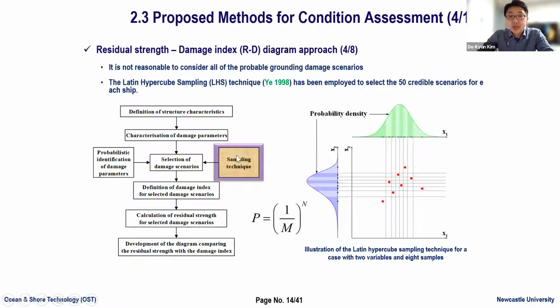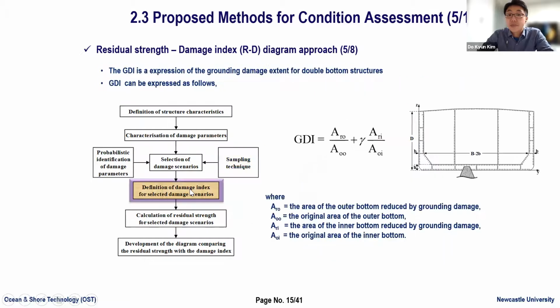There are many different types of useful sampling techniques, but in our study, we adopted the Latin hypercube sampling technique, the LHS. Efficiently, it supports us in reducing the number of damage scenarios. So now we have selected the damage scenarios. The next step is the definition of the damage index.